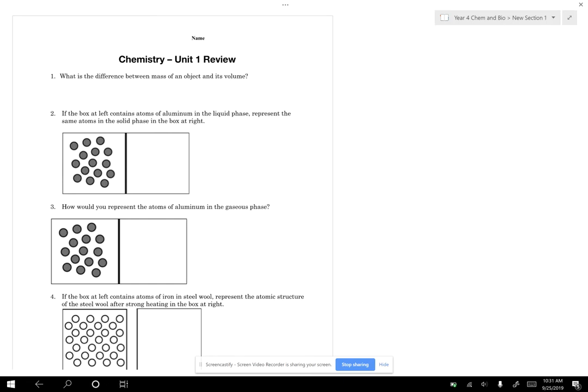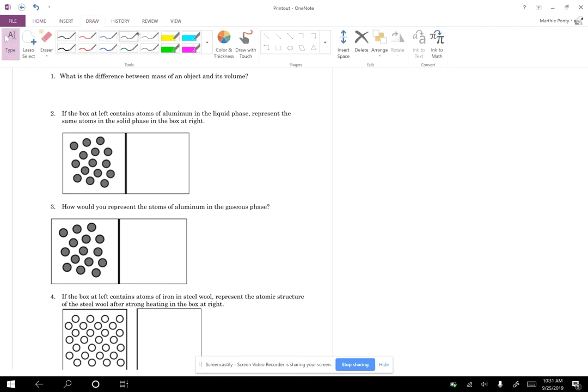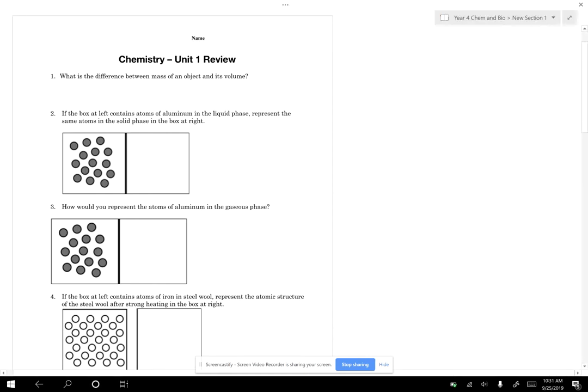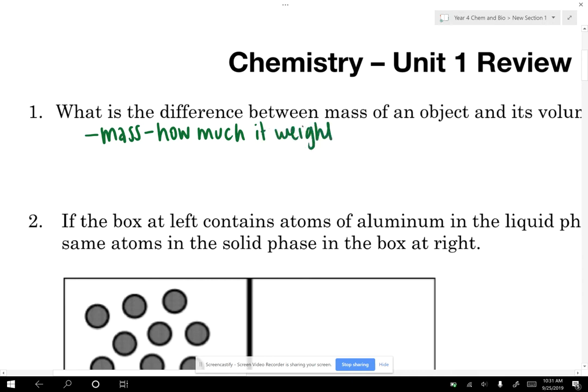The first thing they ask us is, what is the difference between mass and volume, right? Mass is pretty much how much it weighs, in a sense. There's a more technical definition, but we're not going to go into that at this time.